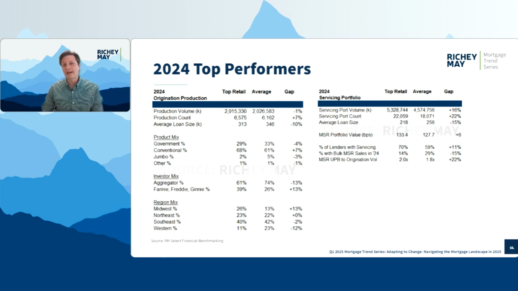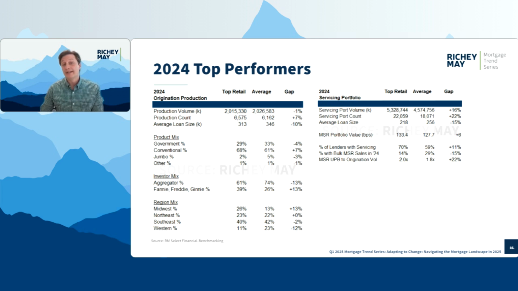But if we go to the right-hand side of this slide and look at the average servicing portfolio volume as of 12/31/2024, the top performers are at 5.3 billion, and the average is at 4.5. So yes, the top performers have a larger portfolio, but it's not materially larger that I would expect it to drive the results we were seeing in pre-tax net income.